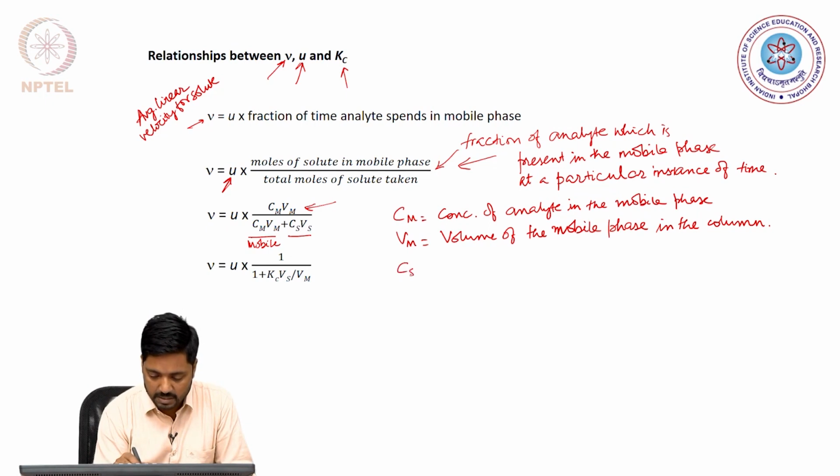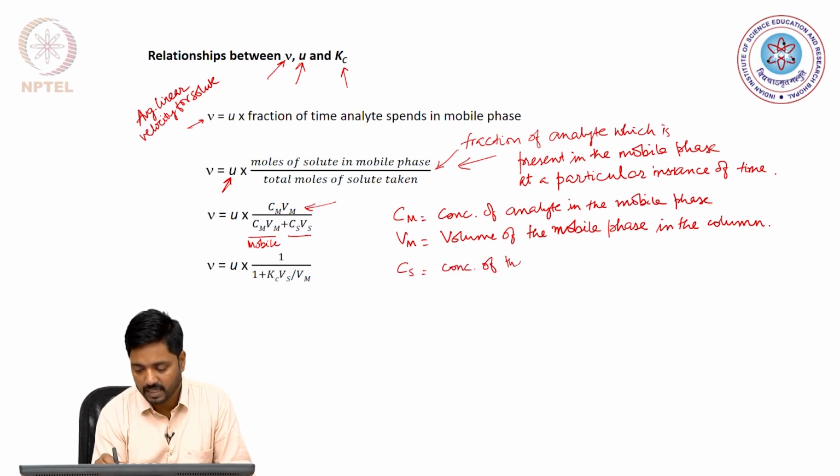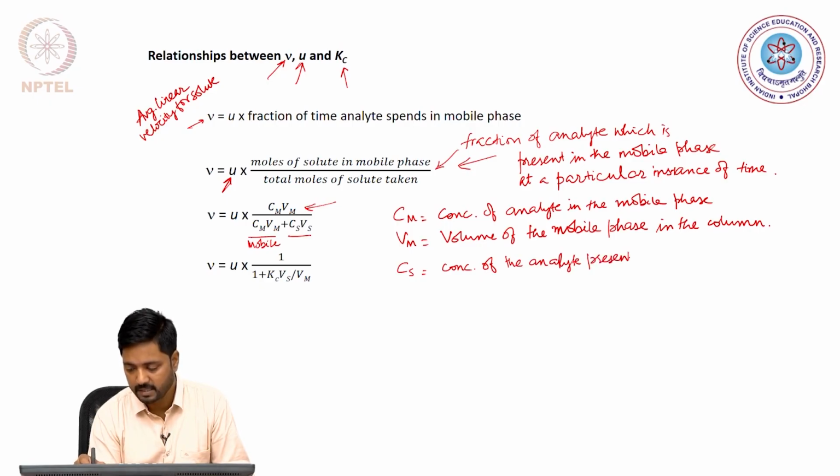So, Cs is the concentration of the analyte present on the stationary phase.